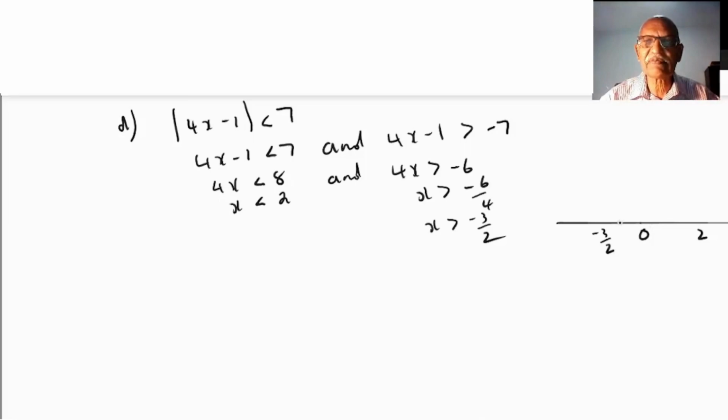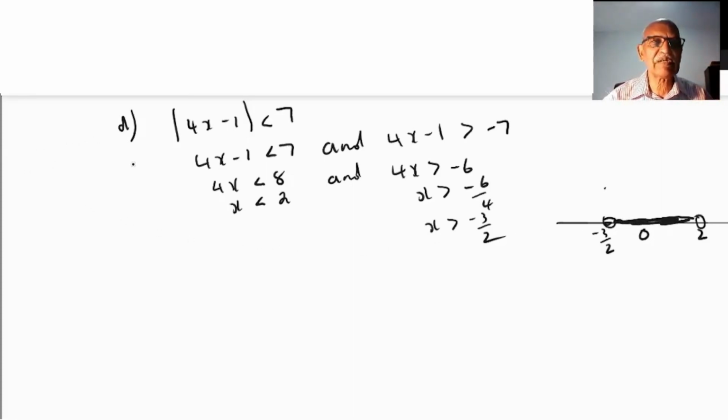So I have in between -3/2 and 2. Less is always in between. This is my solution here.